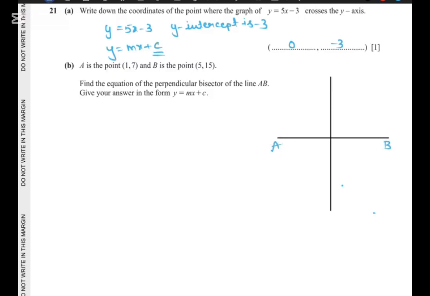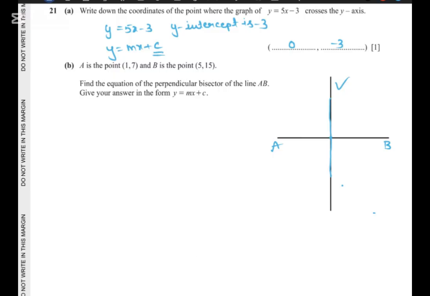Now we are finding the perpendicular bisector of AB. For that we will have to find the point which is exactly the midpoint of AB, since the line passes through this midpoint, and we need to find the gradient. So what is the gradient of AB? If we know it, we can find the gradient of the perpendicular line.